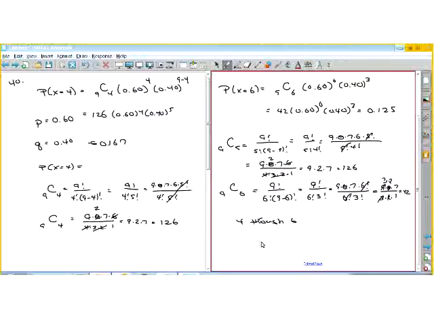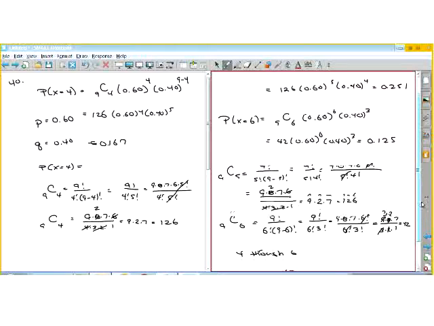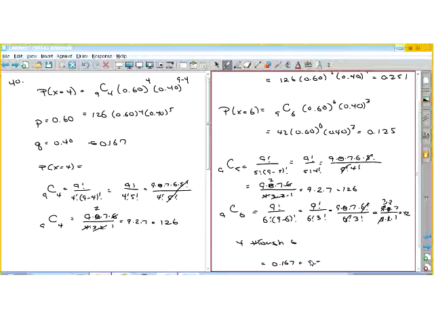It's going to add these together, so you're going to get 0.167, which is this, plus 0.251 plus 0.125, 0.543.